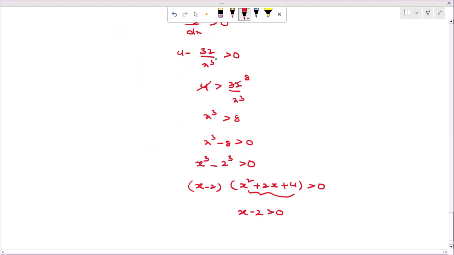And moreover, you can say this using the discriminant also. Discriminant means b square minus 4ac. Based on that also you can conclude that it is positive only. So x greater than 2. So the values of x will be x greater than 2. Then the given function will be an increasing function. I hope you have understood my explanation clearly. Thank you.